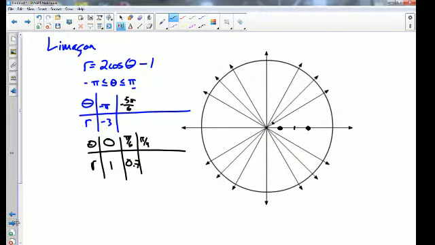Square root of 2 over 2. So root 2 minus 1, 0.4. And how about pi over 3? Half. 1 minus 1 is 0. This is a spiral. And then we go to pi over 2. Can you go back to the negatives because this is negative 1, 0.